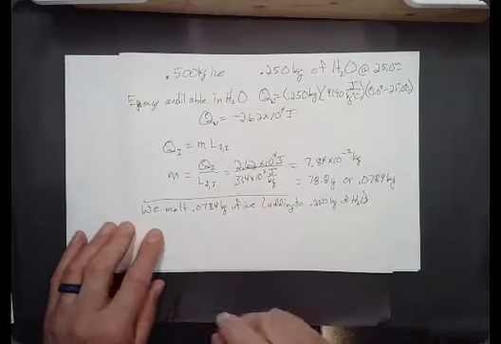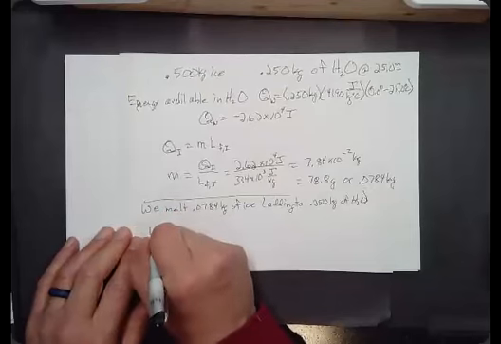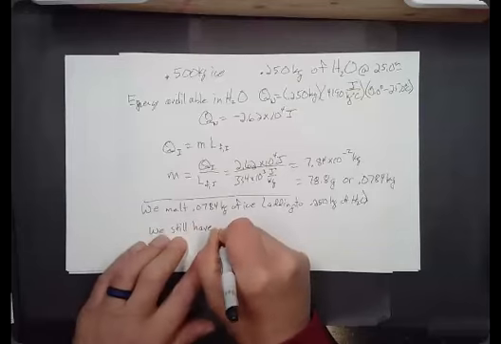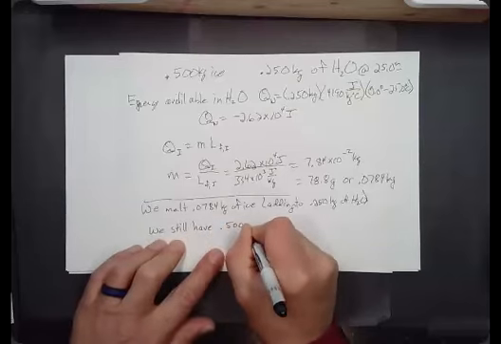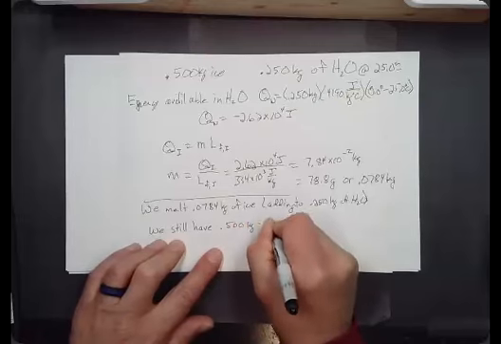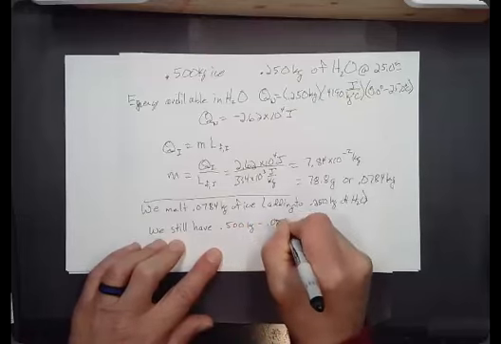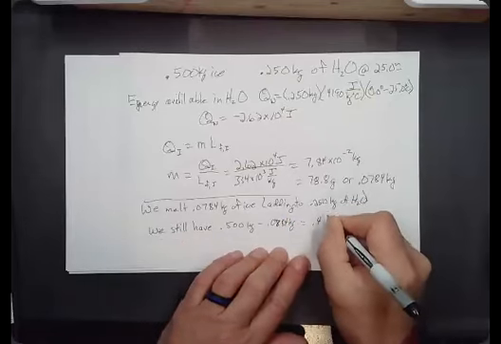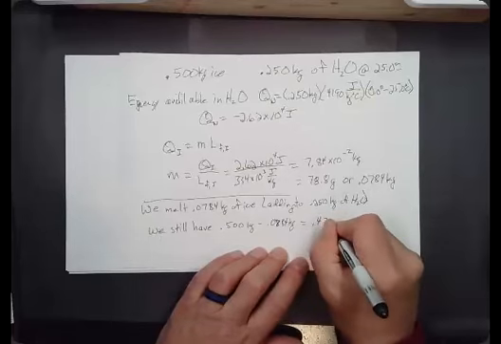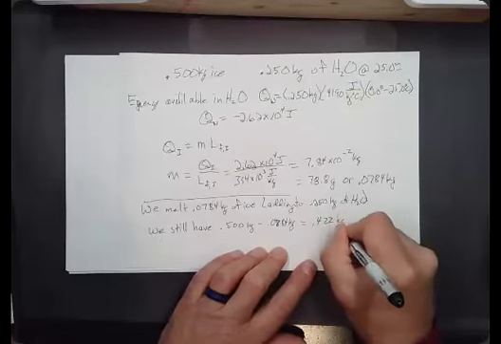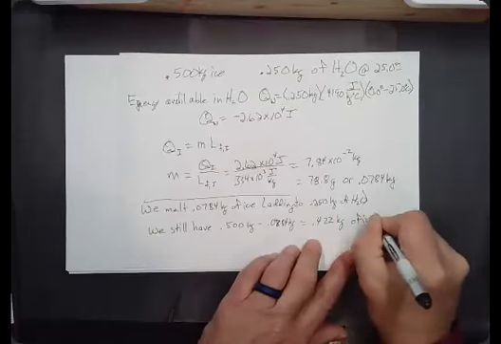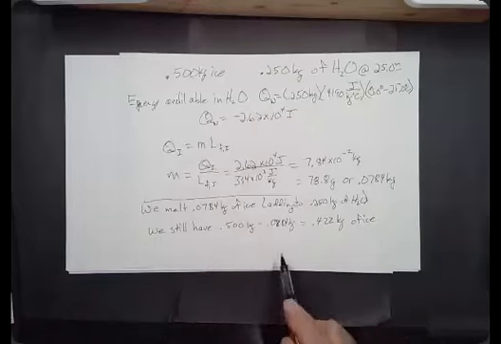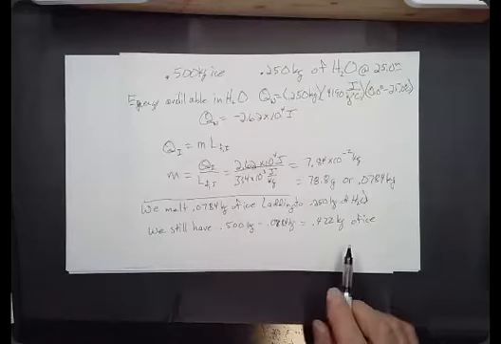And we'll still have 0.500 kilograms minus 0.0784 kilograms, which is about 0.422 kilograms of ice, because we started off with 0.500 kilograms of ice.